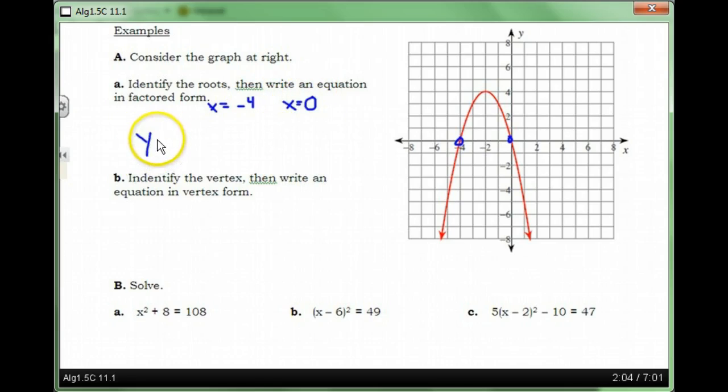If I write that equation in factored form, that would be x minus -4, which becomes x plus 4. And I can say x minus 0, with a negative in front because it's a downward facing parabola. It opens downward.